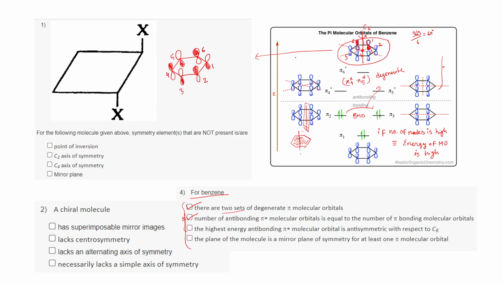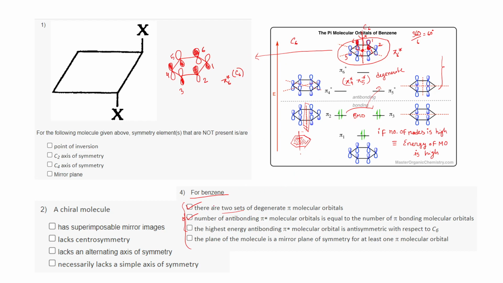Can you see that if I operate a C6 operation from here to here, these two structures, the pi 6 star and the pi 6 star after C6, will not overlap with each other, they are not symmetric.